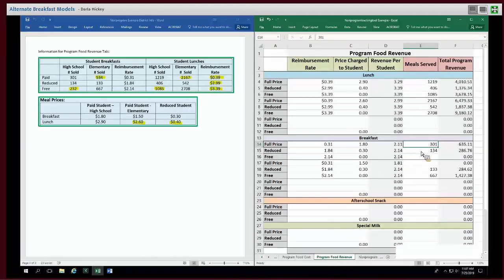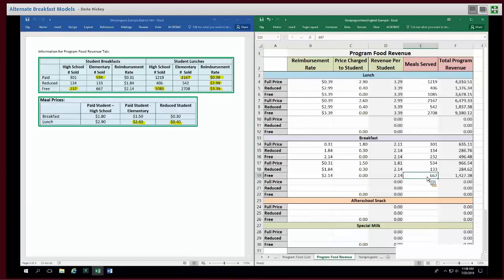At the high school, I had 301 paid, 134 reduced, and 232 free. So I'll enter that there. And then at the elementary, I had 534 paid, so enter that, and then 133 reduced and 667 free.